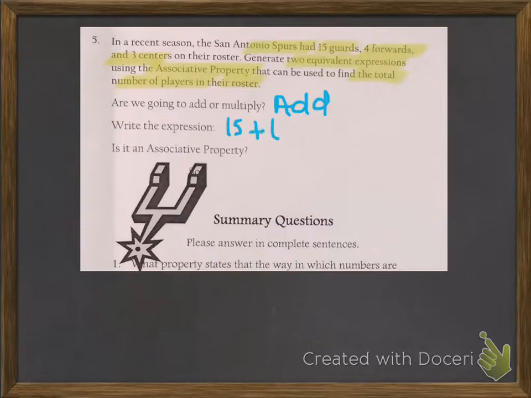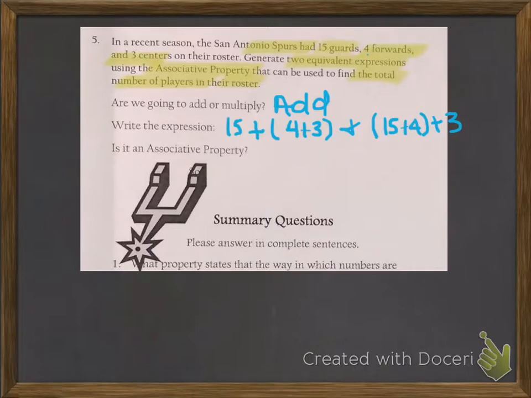Plus, and then we have a parentheses. Our next 2 numbers are 4 and 3. So 4 plus 3, that's one expression. And the next expression has the parentheses in the front. So we would keep the order of the numbers the same and put 15 plus 4 and then close parentheses plus 3. That's how we would write our 2 expressions. And say, is this associative?